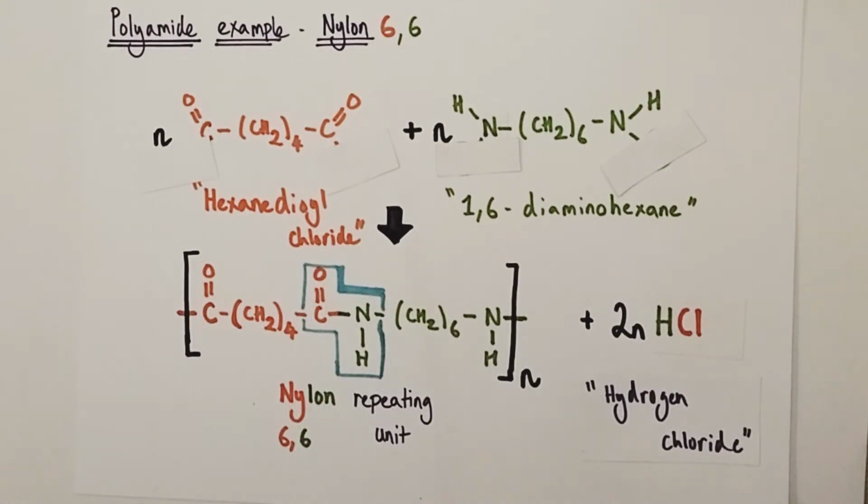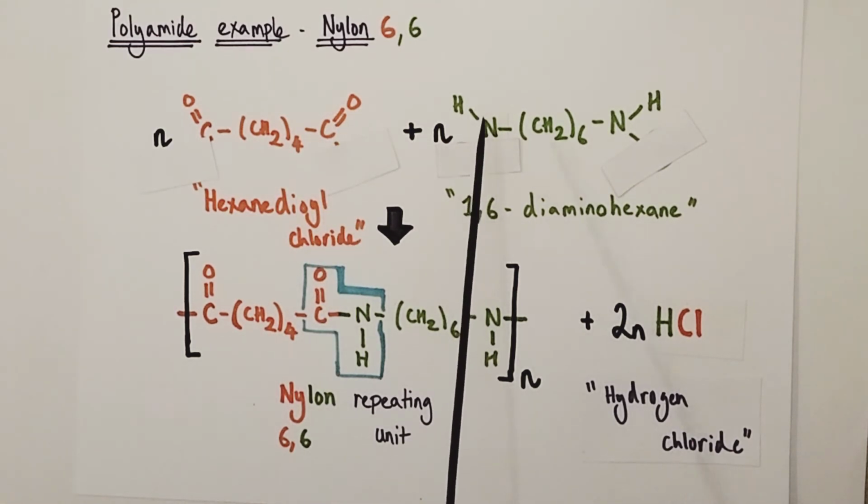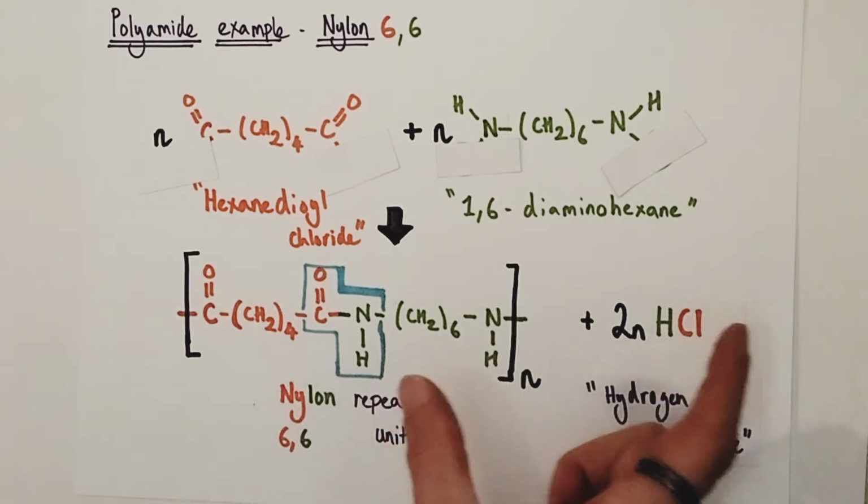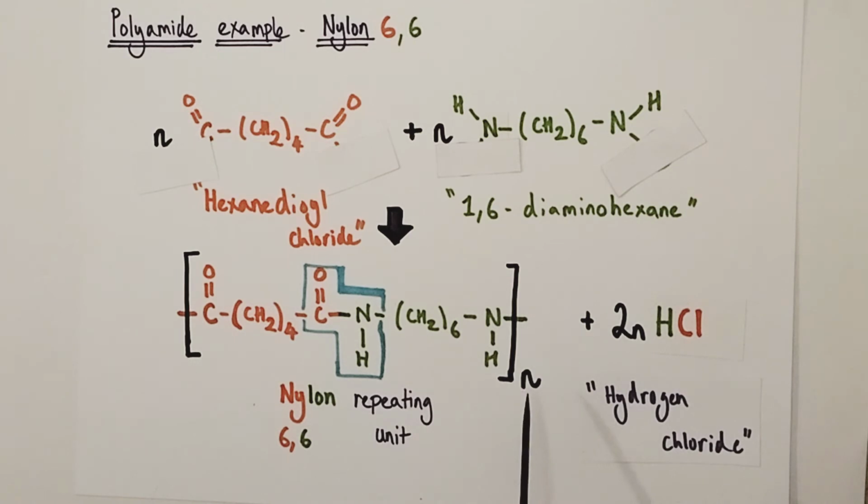Once these have been lost, the carbon of the carbonyl group on the diacyl chloride monomers will bond directly to the nitrogen on the adjacent diamine monomers, forming our repeating unit as shown, with the amide linkage holding the monomers together with all the key conventions, the square brackets, the empty bonds running through the brackets, and the N emphasizing the repetition of the repeating unit multiple times. And for every N amount of repeating unit formed, 2N hydrogen chloride molecules will be removed in this condensation polymerization reaction.